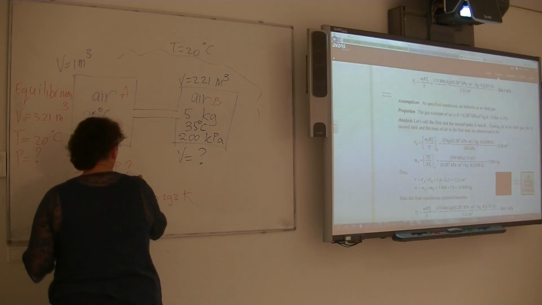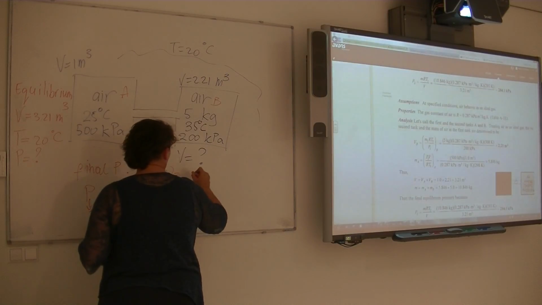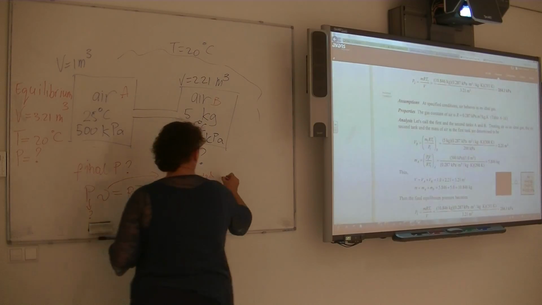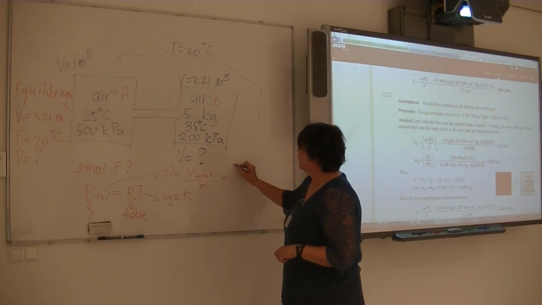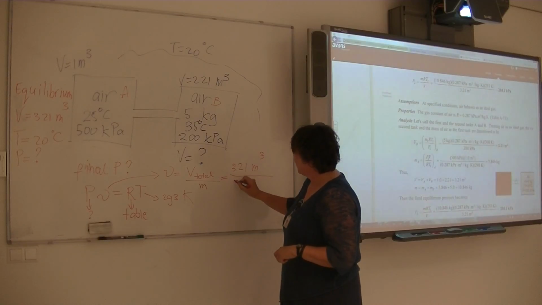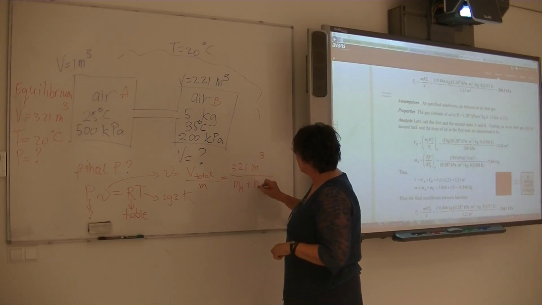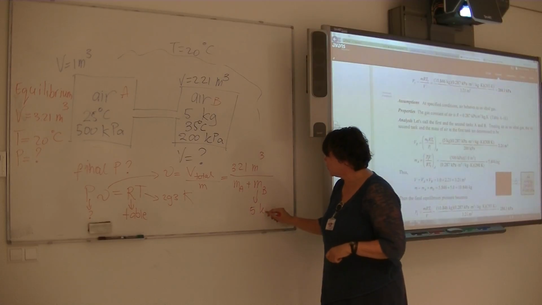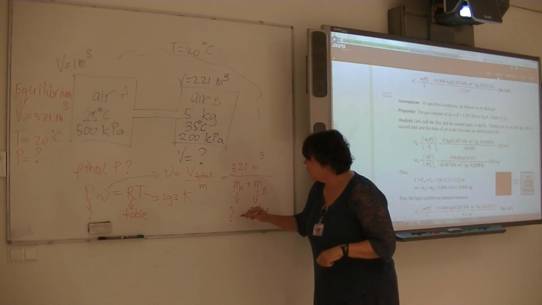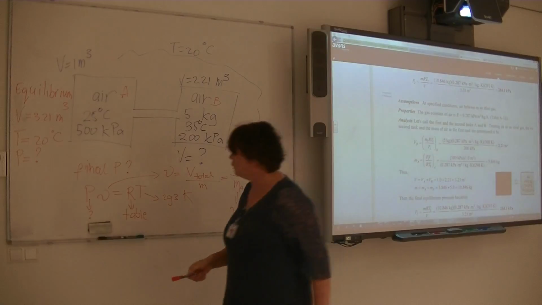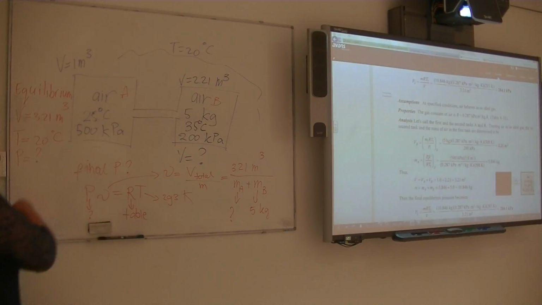We first need the specific volume, which is the total volume divided by the mass. The total volume is 3.21 cubic meters, but the total mass is mA plus mB. The mass in B was 5 kilograms, but we do not know the mass in tank A, so we have to calculate that first before we can answer the question.